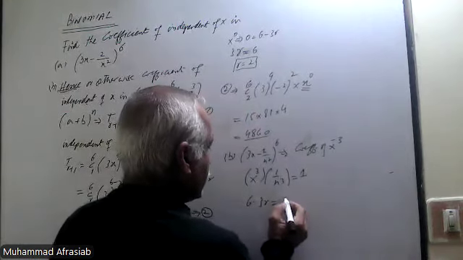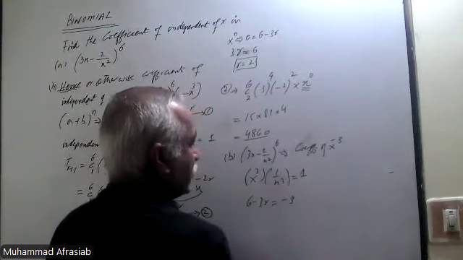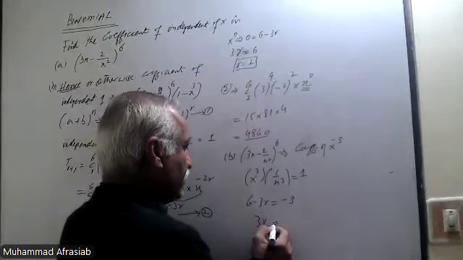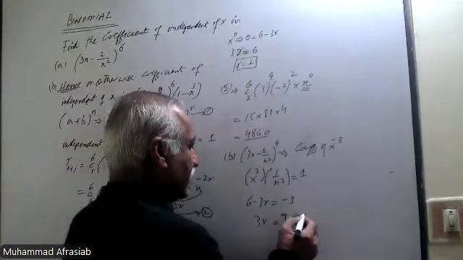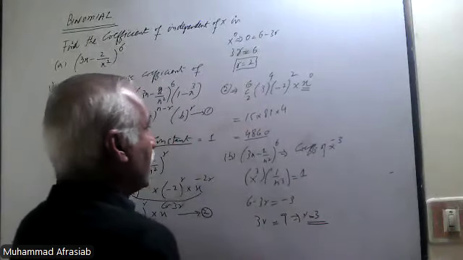is equal to minus 3, because 1 over x cubed is going to be calculated there. So here 3r should be equal to 9 or r should be equal to 3. So in the same formula, we put r equal to 3.